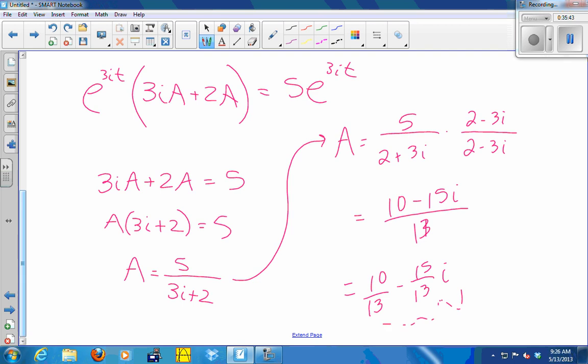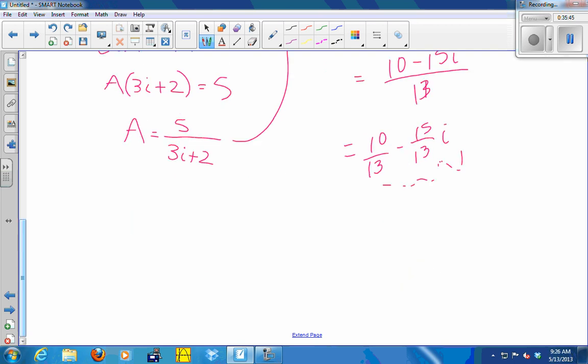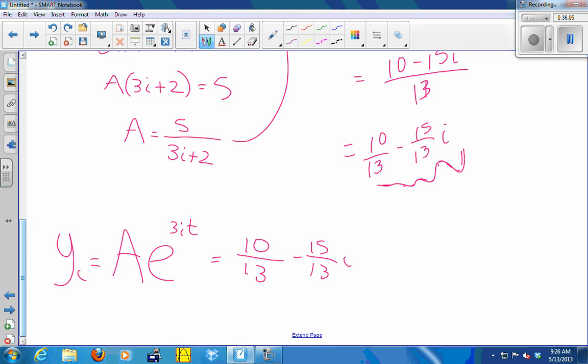Okay, so we're partway through here. Now my solution, my y complex, my guess was a e to the 3it, and I now have an a: 10 13ths minus 15 13ths i, times e to the 3it.